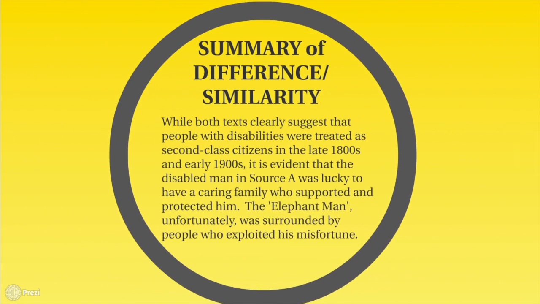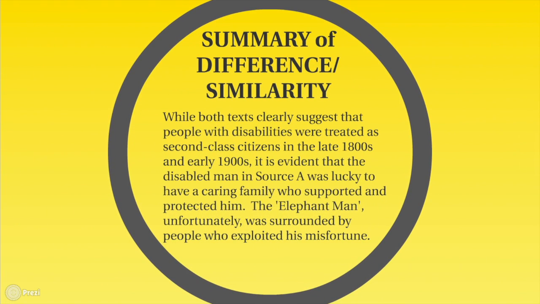And finally, the final part of my paragraph is the summary of difference or similarity if they ask you about similarities. But I bet you bottom dollar it's going to be a summary of differences. So here I have to say, while both texts clearly suggest that people with disabilities were treated as second-class citizens in the late 1800s and early 1900s, it is evident that the disabled man in source A was lucky to have a caring family who supported and protected him.